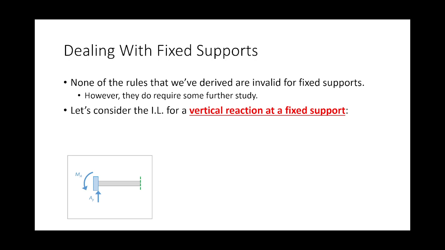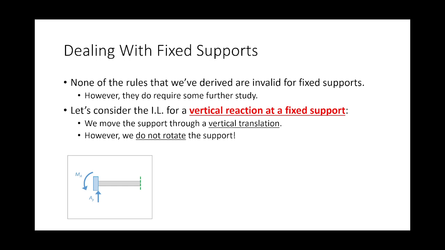We remove from the structure the ability to withstand this, and we move it through a unit translation. What we do not do is remove this. This stays, this goes. So if I take that element and I move it through a translation, I do not rotate it. I lift it, but I don't rotate it.